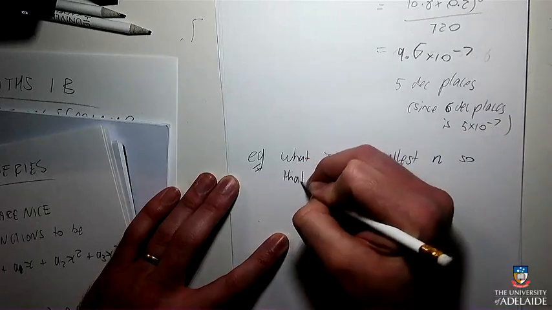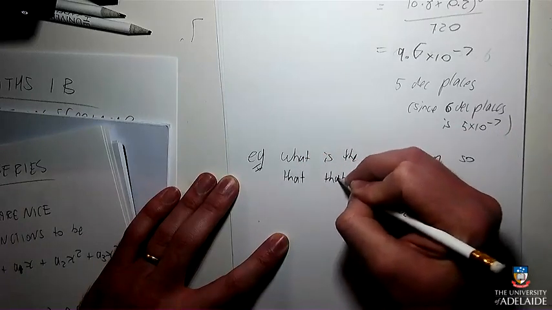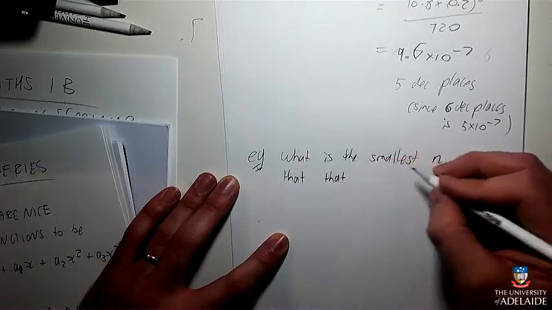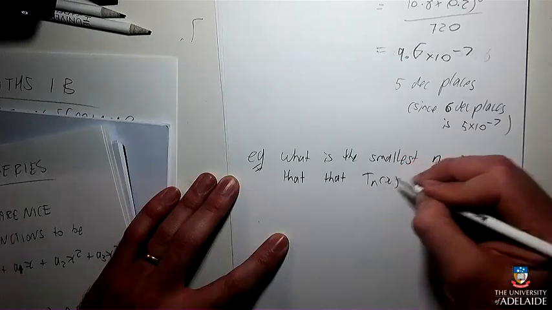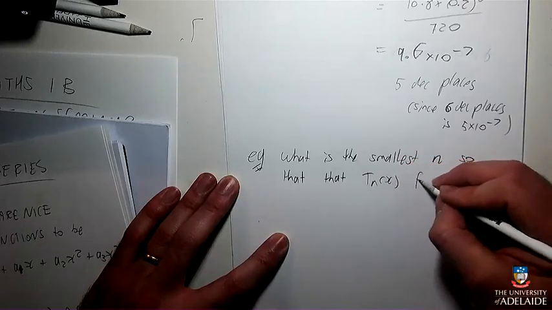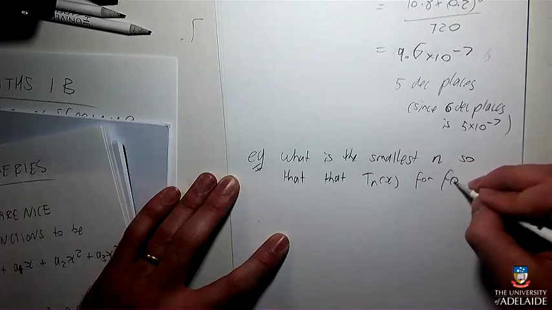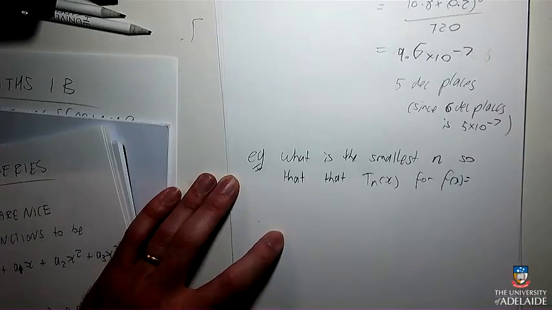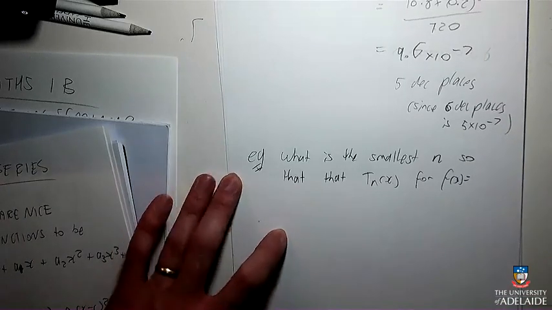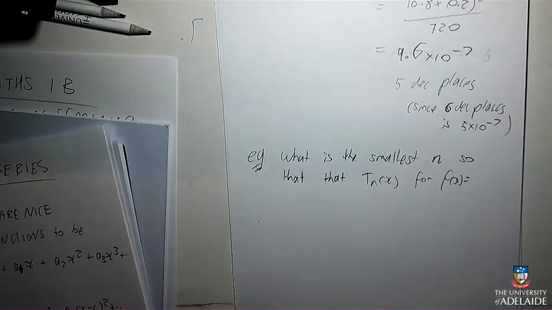So what is the smallest n so that Tn for f of x equals, what do you reckon? I don't know, sine 2x or something? Let's do that.